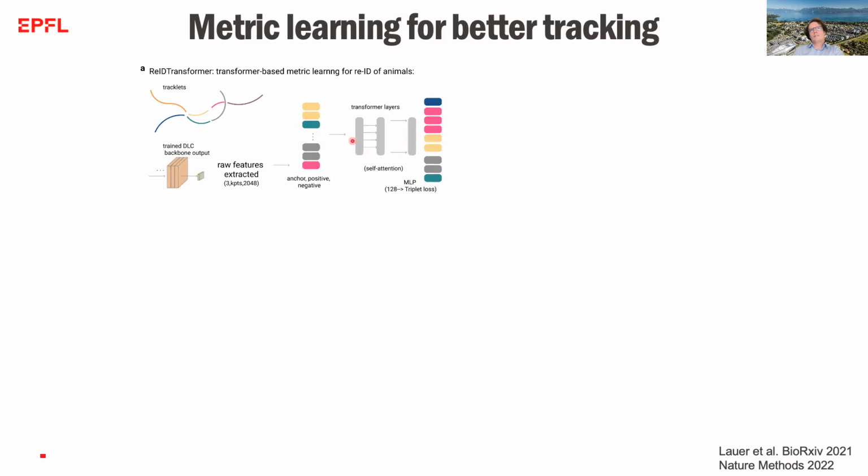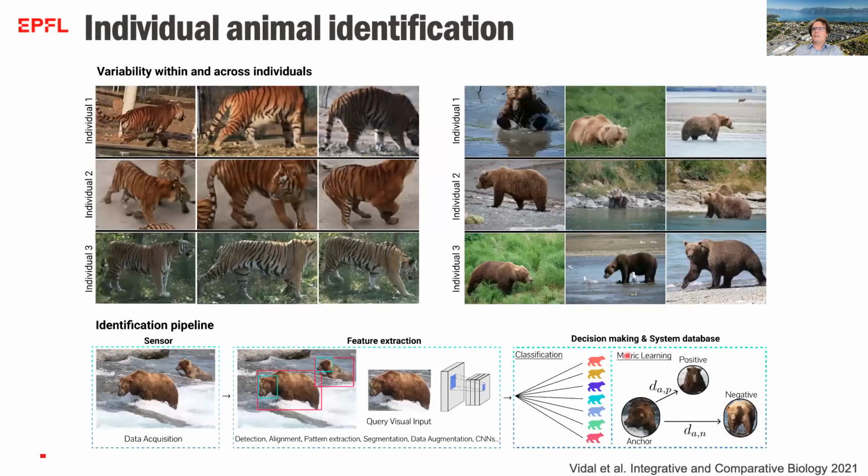We use this transformer based on the raw pose features that we extract from the trained DLC backbone, and we trained this with metric learning, just the way that I had described it here.